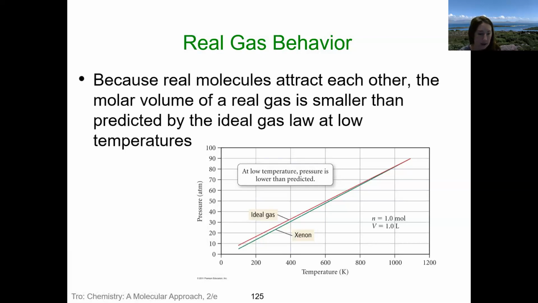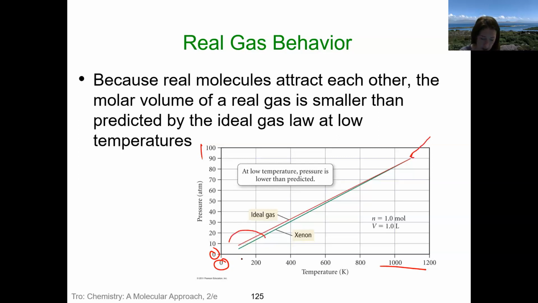Okay, now the other one is temperature. So here's low temperature, high temperature, low pressure, high pressure. Up here at high temperature, real gases and ideal gases are pretty much identical.